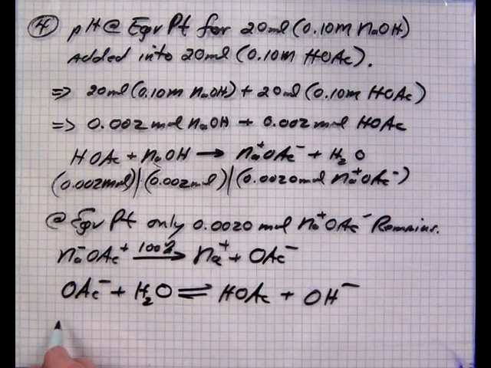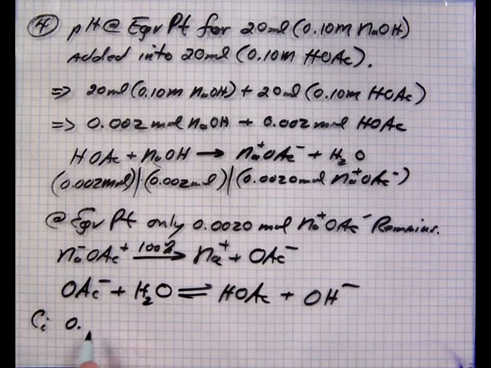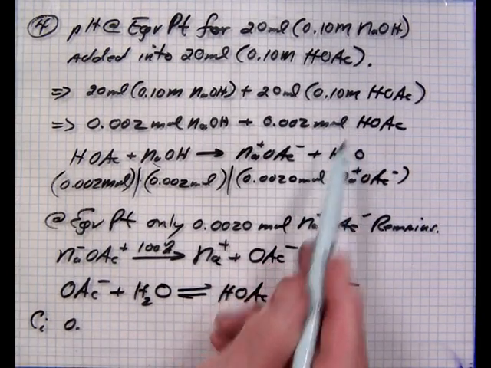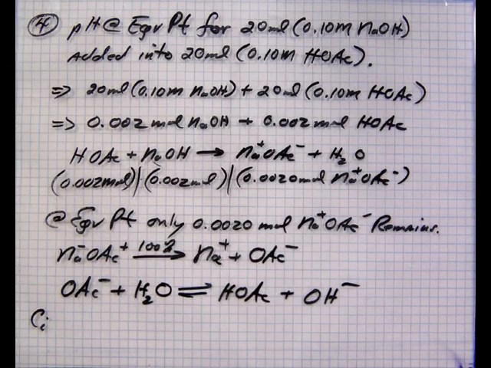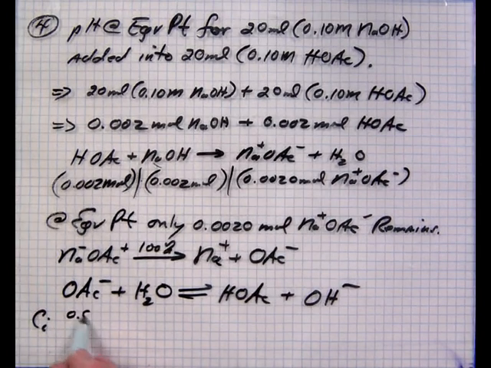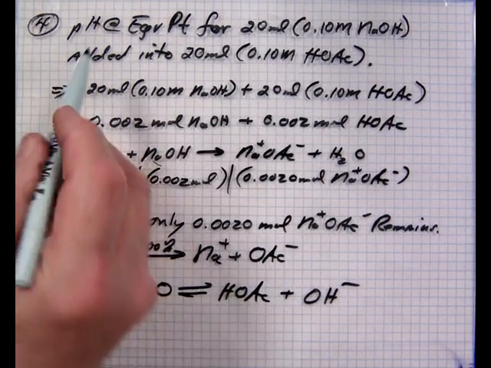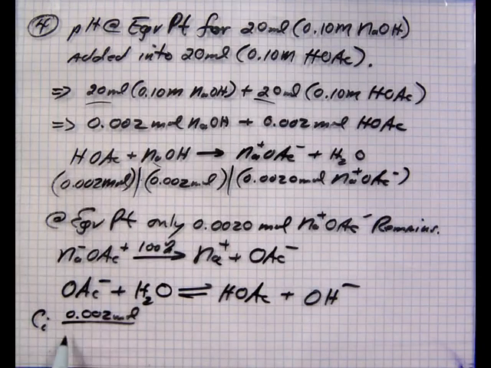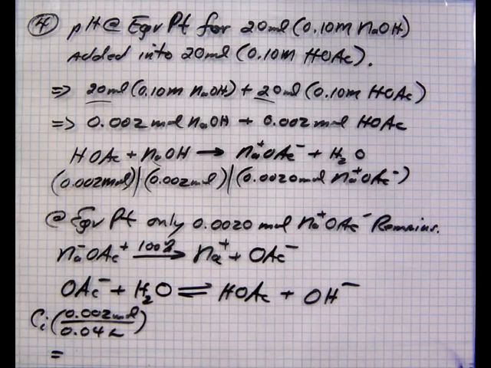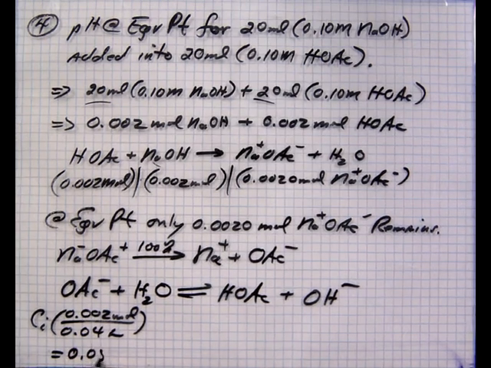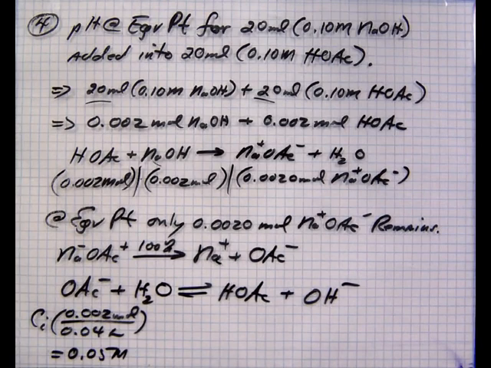Now, starting initially with 0.002 mole, we need to get that in concentration terms of moles per liter, molarity. So that's 0.002 mole in 40 milliliters or 0.04 liters, and that equals 0.05 molar in the acetate ions.